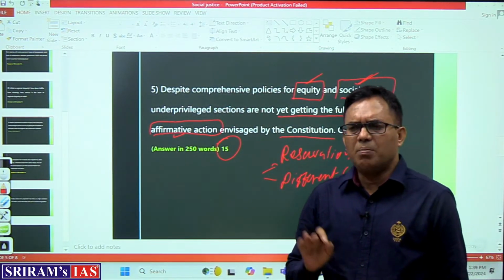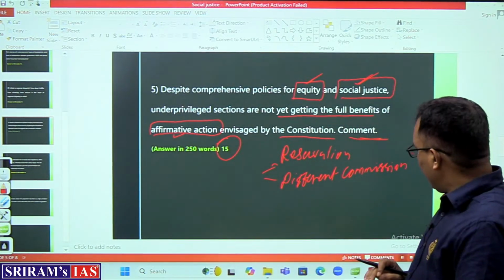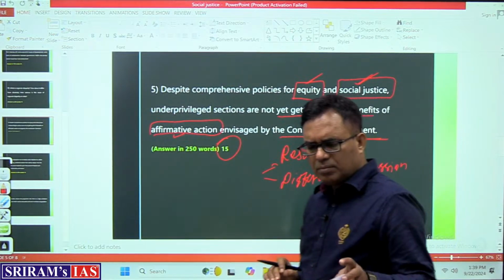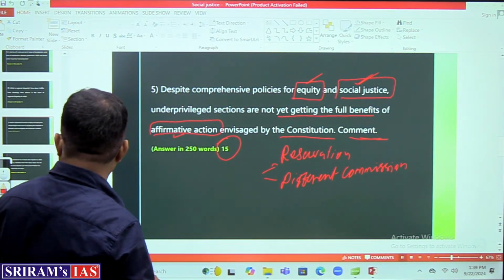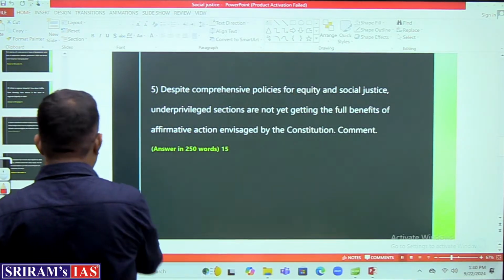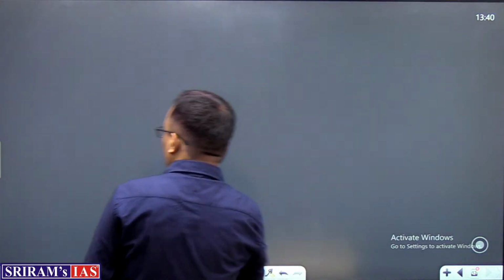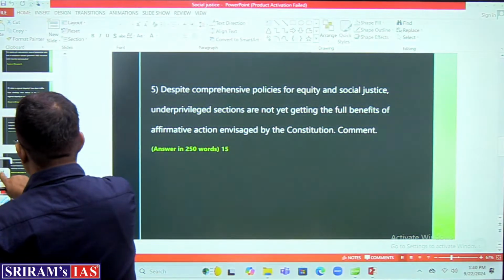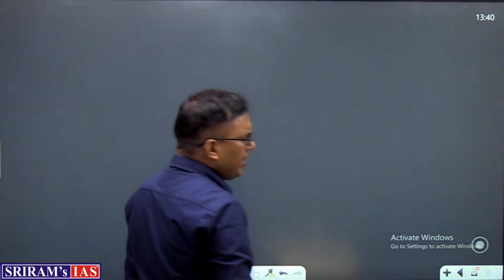We can find the reasons: what are the factors responsible for their barriers, or why they have not got the full benefit. We can mention the ideas over here, like why they have failed to get the benefit or are yet not getting it.